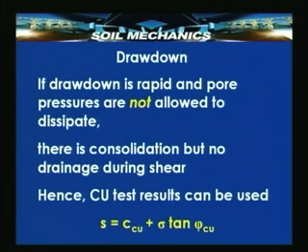Under the drawdown condition, again pore pressures are not allowed to be dissipated. There is consolidation because some time has passed since the dam has been constructed, but there is no drainage during shear. Hence, the consolidated undrained test would fit the requirement, and shear strength will be c_cu plus sigma tan phi_cu. In this test, as we had pointed out or seen a little earlier, the pore pressures are known.